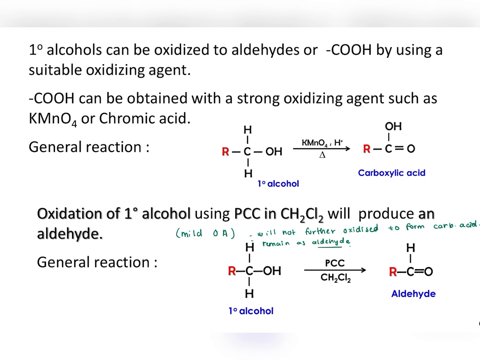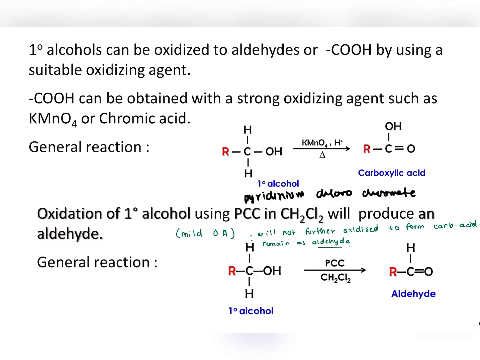But, if you use mild oxidizing agent such as PCC, so PCC adalah pyridinium chlorochromate in CH2Cl2 solvent. So, dichloromethane ni sebagai solvent sahaja, you will produce aldehyde.